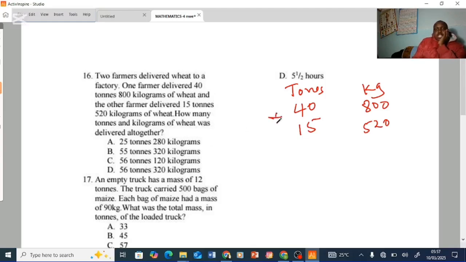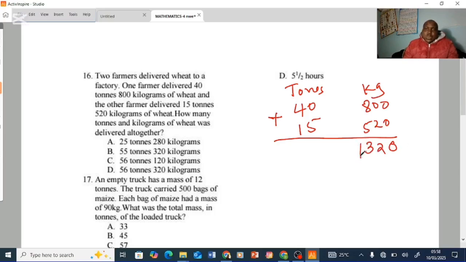So altogether you add. 0 plus 0 is 0. 0 plus 2 is 2. 8 plus 5, it is 13. Then you carry 1. Now we are going to carry 1 ton because we add all of them to get 1,320 kilograms, and this is the same as 1.32 tons.